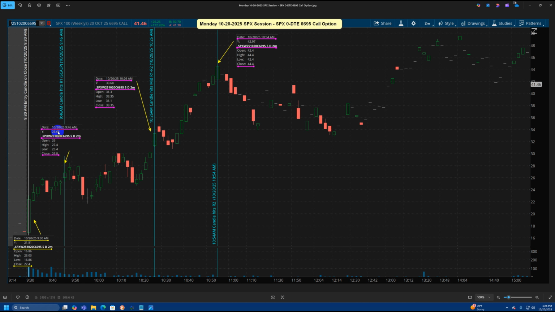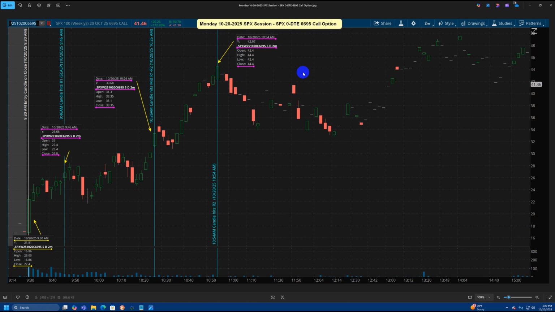Here would be your one level move scalp when it hits the R1 level, 26.80. Here's the 10:26 a.m. candle, the 1.5 level minimum required move for a regular trade, 33.35. Here's the 10:54 a.m. candle for the ideal minimum two level move, and it is 44.40.